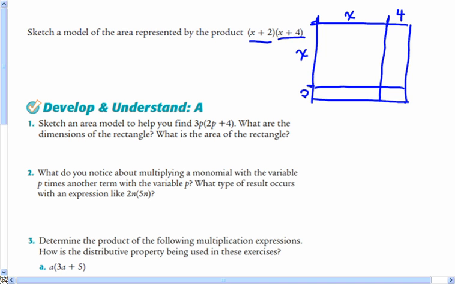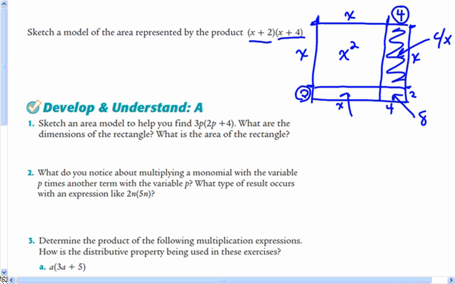Another way I can find the area is by adding the 4 parts. This part here is x by x, so x squared. This part right here is 4 times x, since this distance from here to here is x, so 4 times x right there. And then this little part right here is 4 here and 2 here. 4 times 2 is 8. And then that part there is 2 by x, so 2 times x.